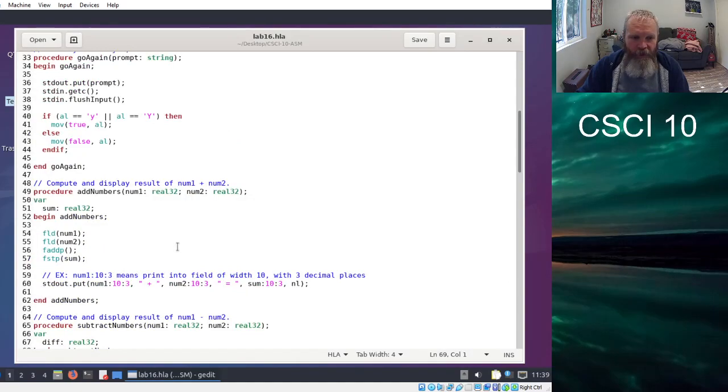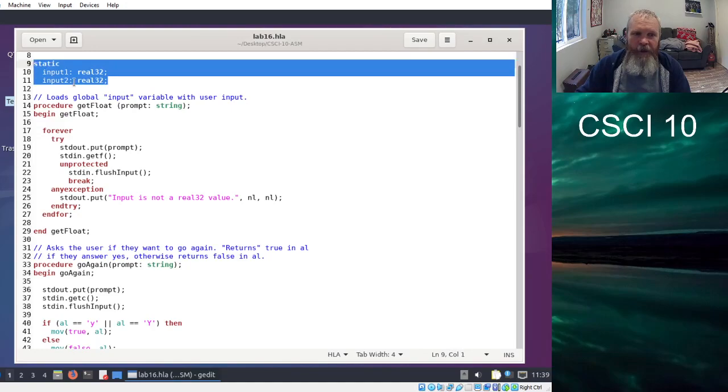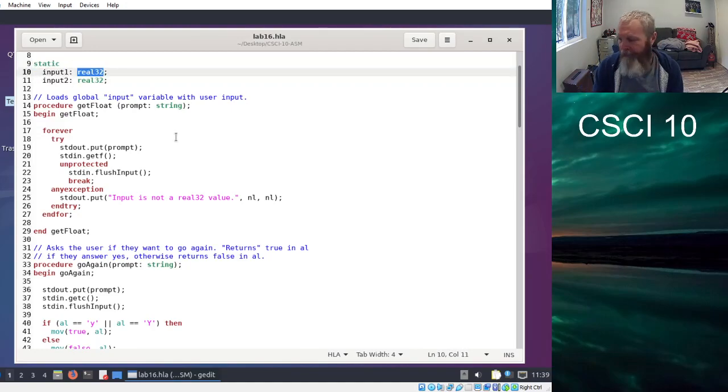Okay, I should have gone for the documentation first, but let's just see what's going on in here. So we have two inputs. Notice they are real32s. That is the HLA data type for the IEEE 754 32-bit floating point type, or single precision, as IEEE calls it.